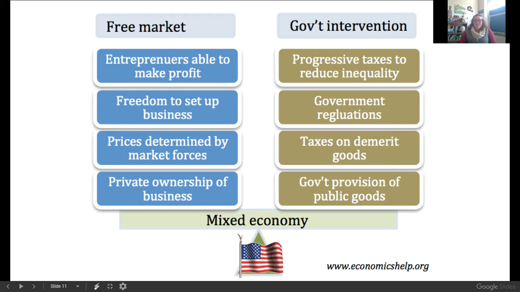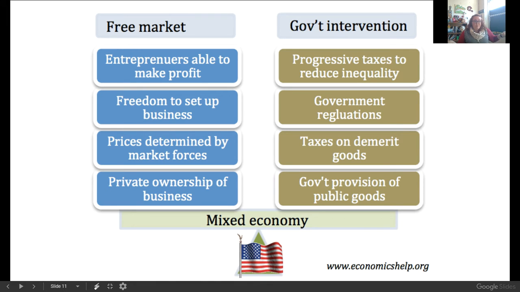So when you have a mixed economy, which emerged during the later years, you take this free market economy and the government intervention. So you take a free market and a command economy and you put them together. And that creates a mixed economy. So it still allows for entrepreneurs to make a profit, but you have to pay taxes to reduce inequality. You still have the freedom to set up businesses as long as they are within the bounds of government regulations.